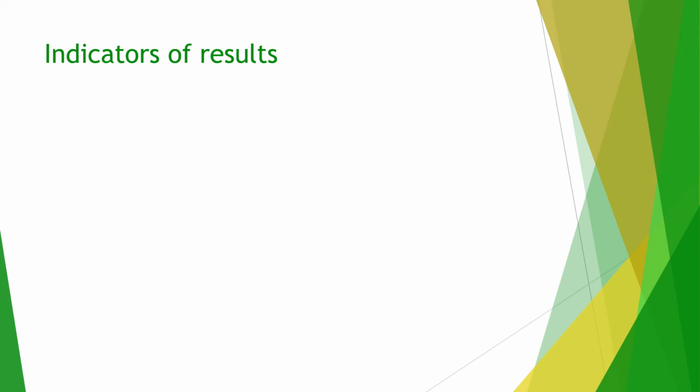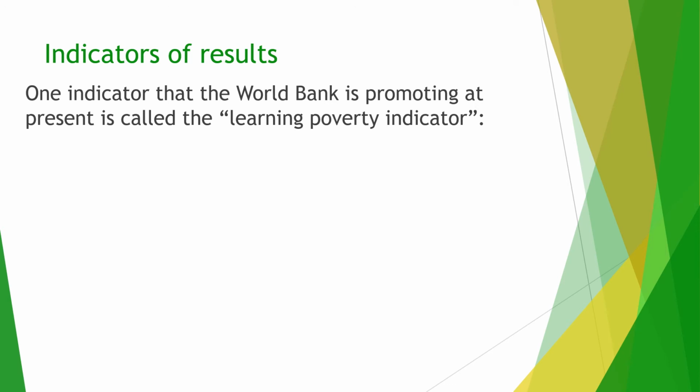One indicator that at the moment is gaining quite some popularity because it is being promoted by the World Bank, which remains a very important actor in education, both as a financing agency and as a technical agency that provides advice. An agency that undoubtedly has been criticized for many different reasons, justifyingly so or sometimes less so.